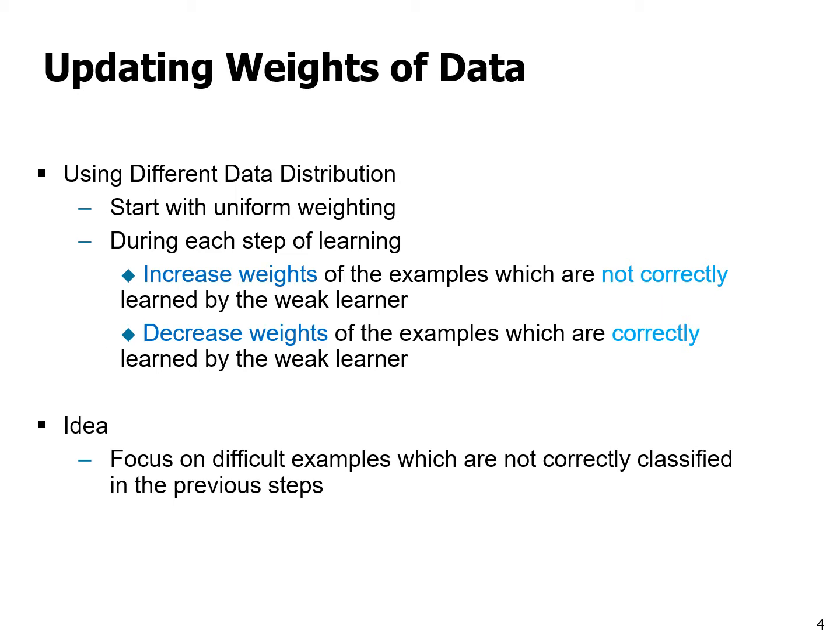Again, each data in boosting has a weight value. In the beginning, each data has the same weight. You start with uniform weighting. Then if that data is misclassified, not correctly classified, you increase the weight of the data.